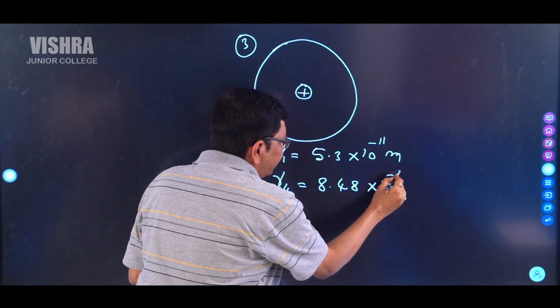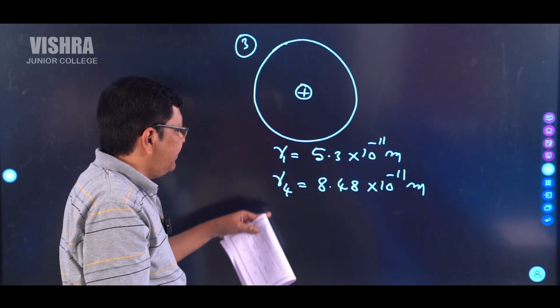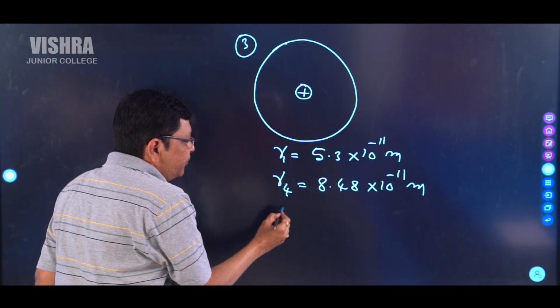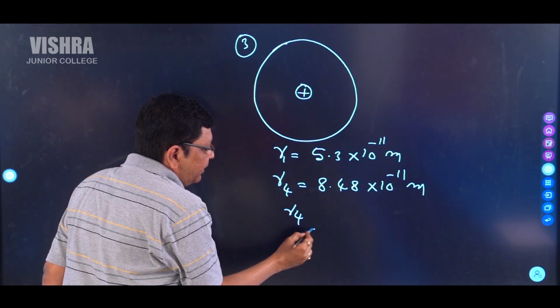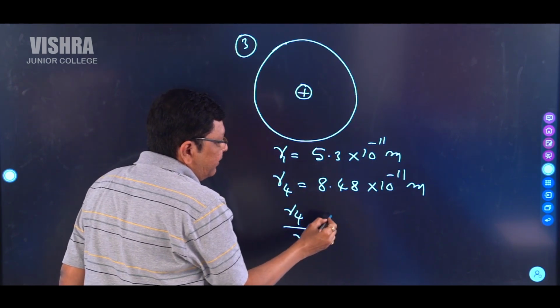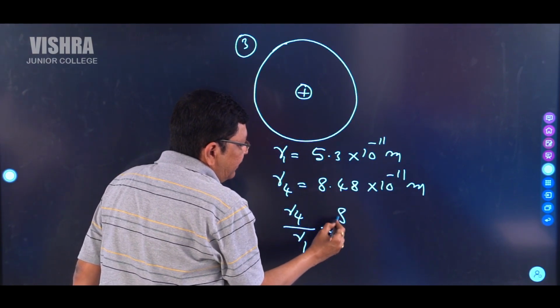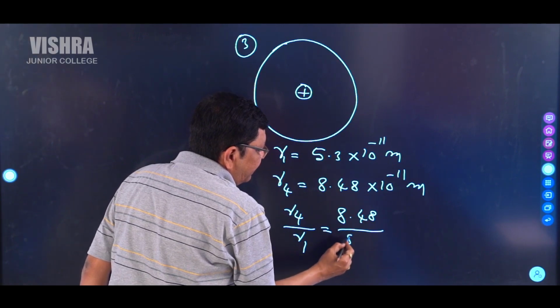minus 11 meter. And from these we can say that if you compare these two, that is R4, radius of the electron in fourth orbit, to radius of electron in first orbit, from the given data 10 power minus 11 meter will cancel, it is 8.48 divided by 5.3.